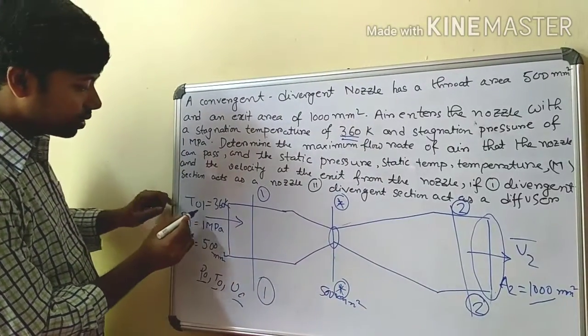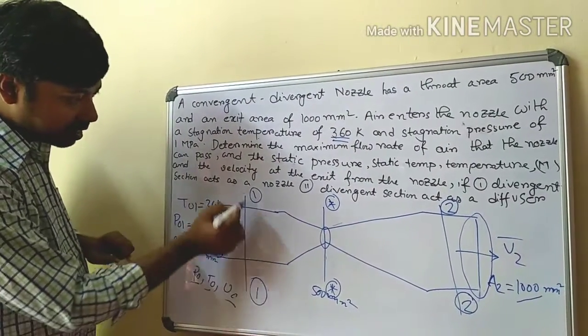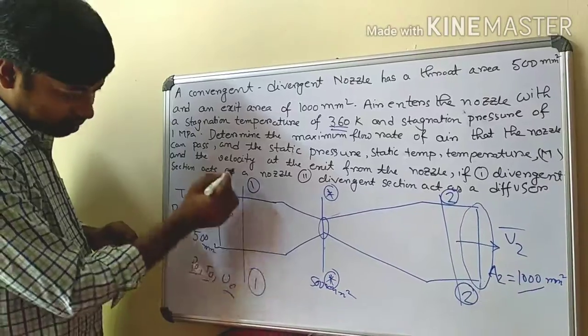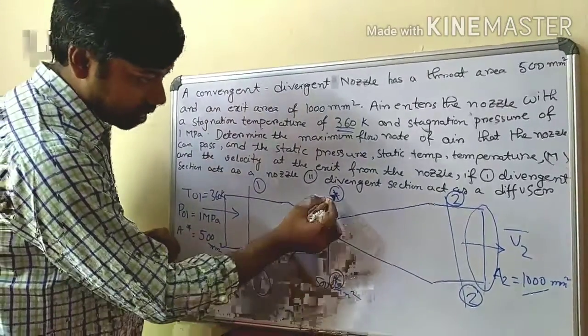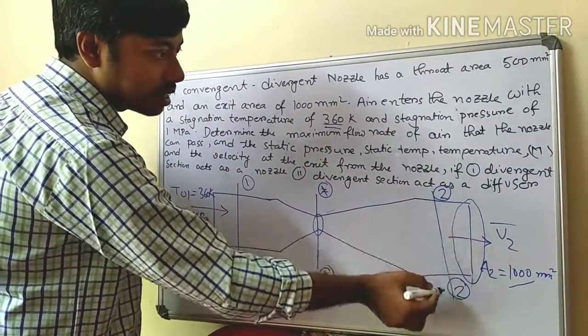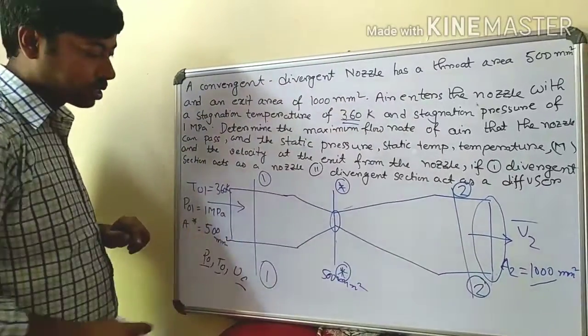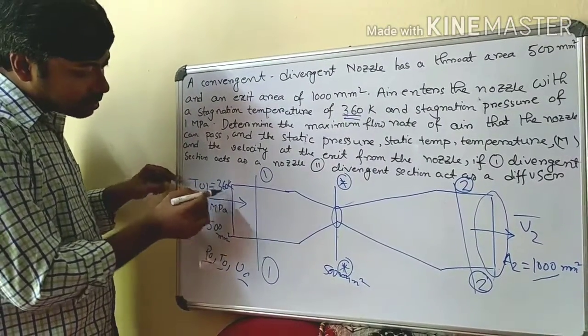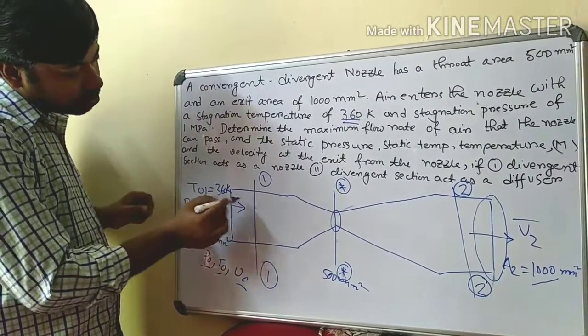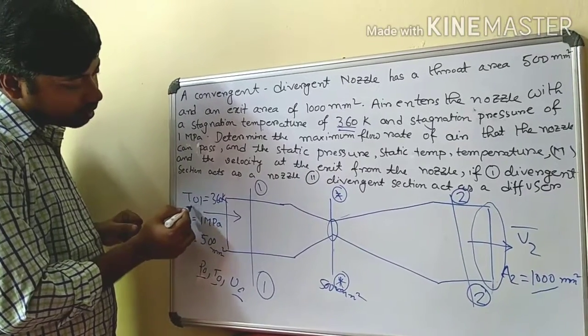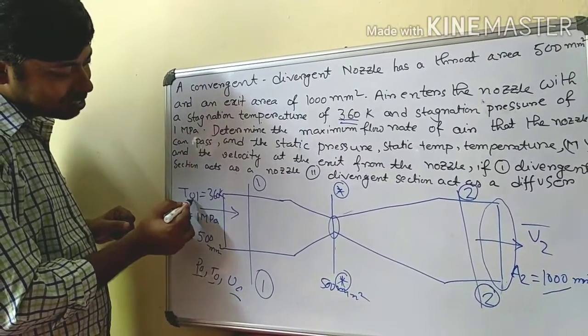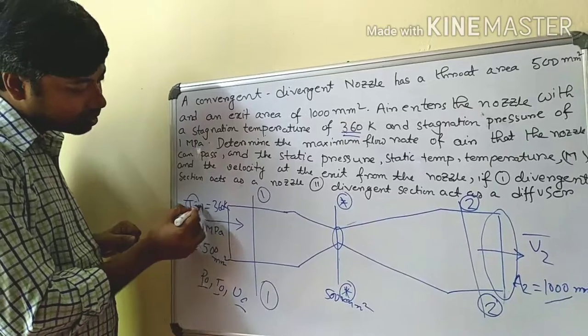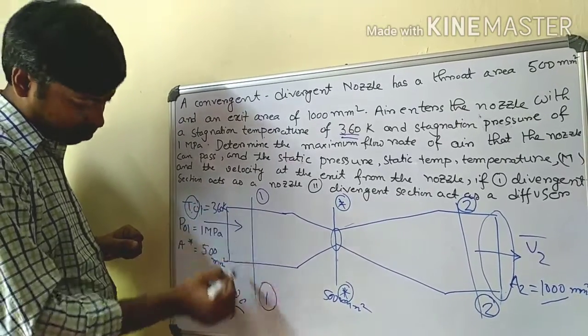So 360 Kelvin. This cross section area is indicated by 1, the star indicates the throat section, and the exit section is indicated by 2. Now when air enters the nozzle, the temperature is given as T01, where T0 means stagnation temperature and 1 means section 1.